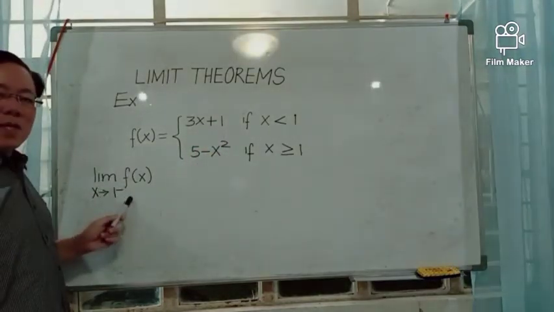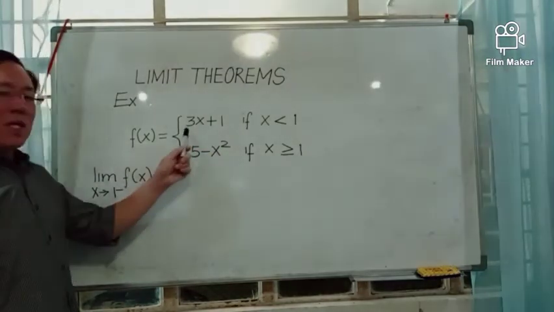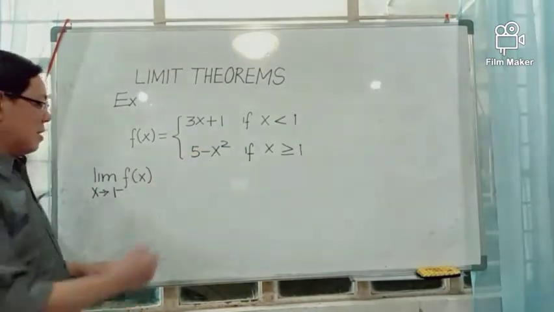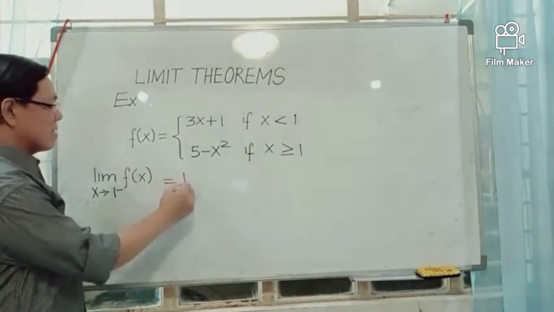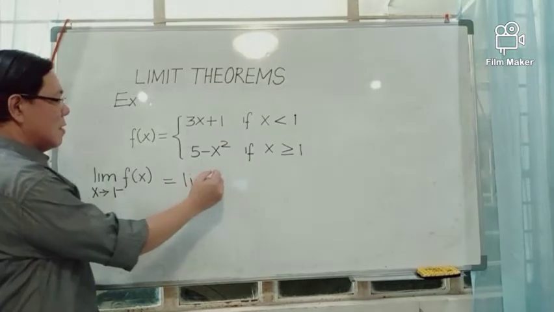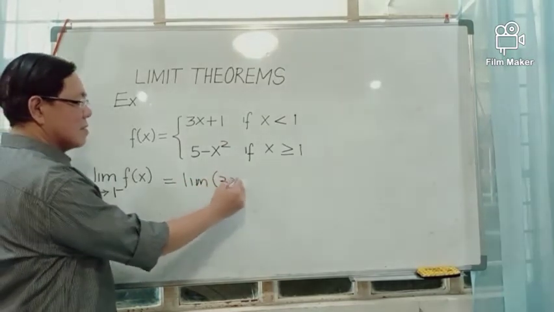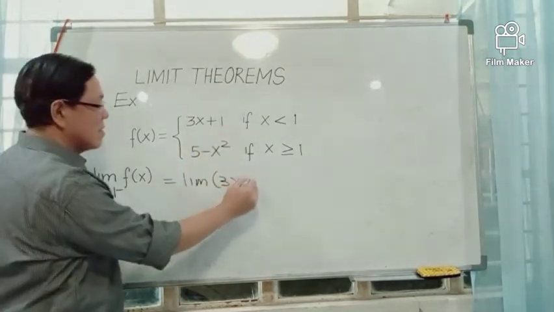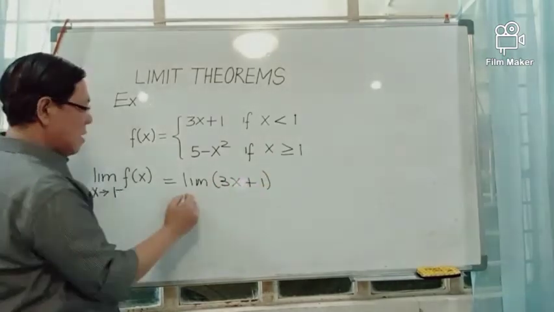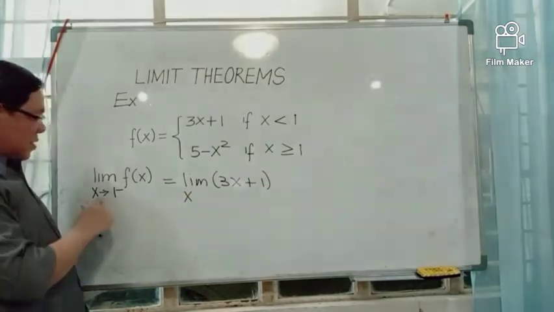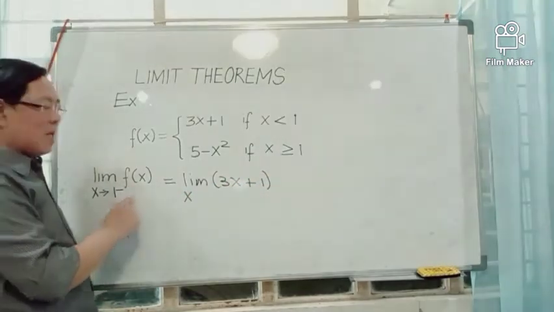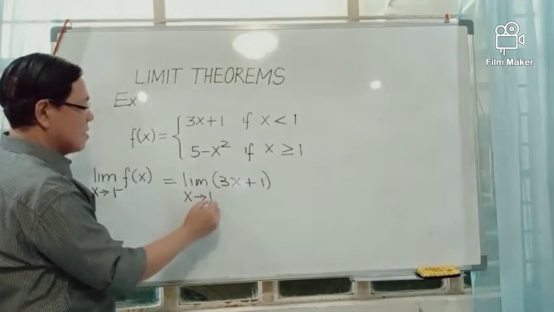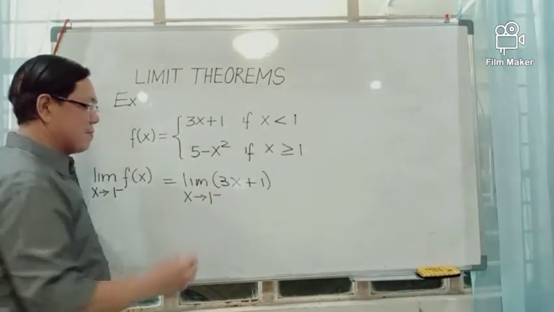So in this limit, we replace f of x with 3x plus 1. And we get the limit of 3x plus 1 as x approaches 1 from the left.